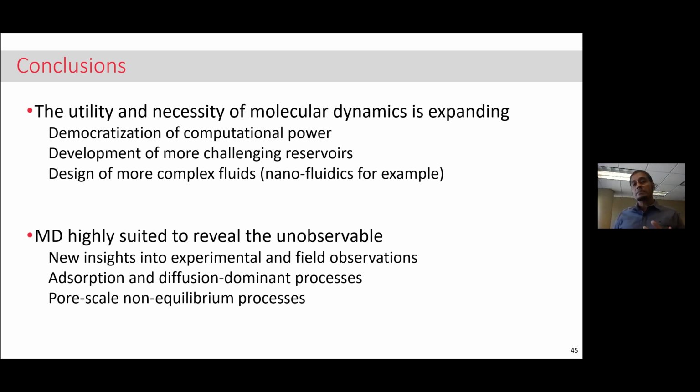You can run some experiments, but then again, the interpretation of experiments can be associated with some ambiguity. But if you have modeling that supports the experiments, and in this specific case, it's molecular dynamics modeling, then of course you would have more confidence in your experimental results. You'd be able to explain your experimental results, especially when we're talking about things that you can't directly observe.